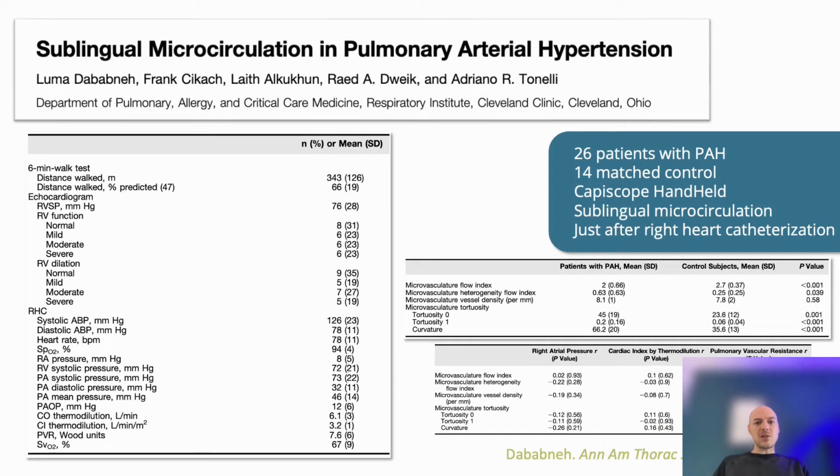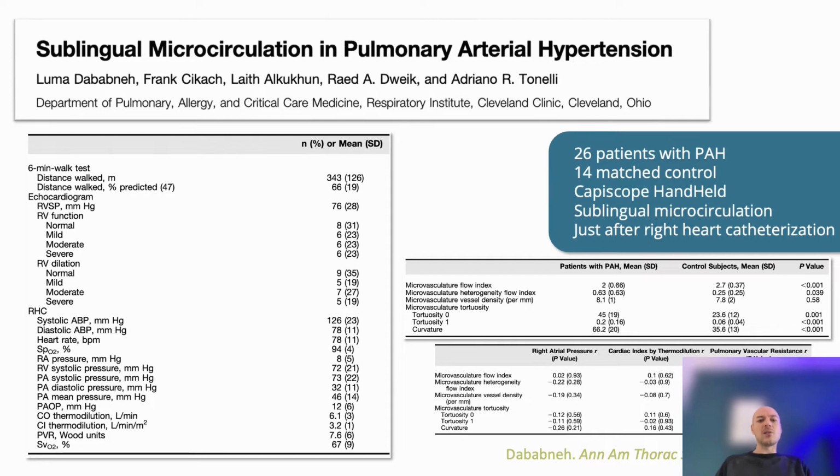Now let's consider a patient with a more chronic venous hypertension. Pulmonary artery hypertension is often associated with right ventricular failure, dilation or dysfunction, and of course these patients are at increased risk of venous congestion.